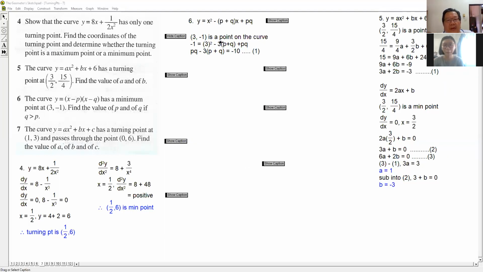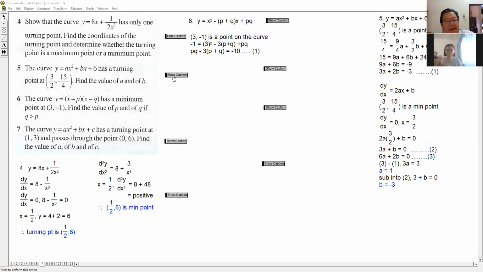So since the point (3, -1) is a point on this curve, the coordinates of this point must satisfy the curve. So I can take this x and y here and substitute into the equation. By doing that, I form an equation. I call it equation 1.